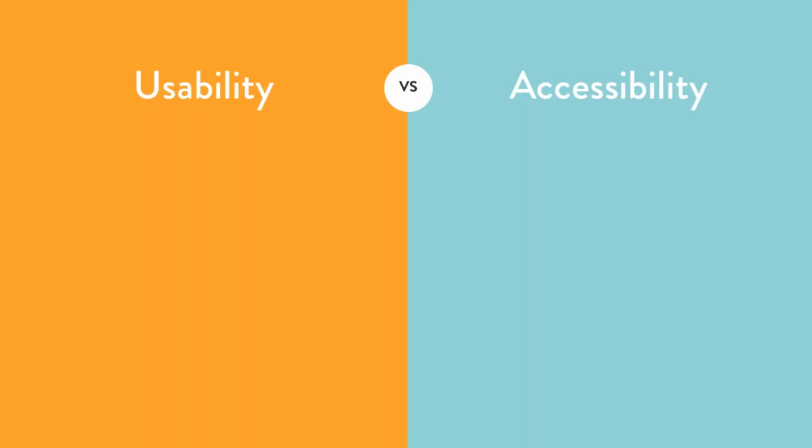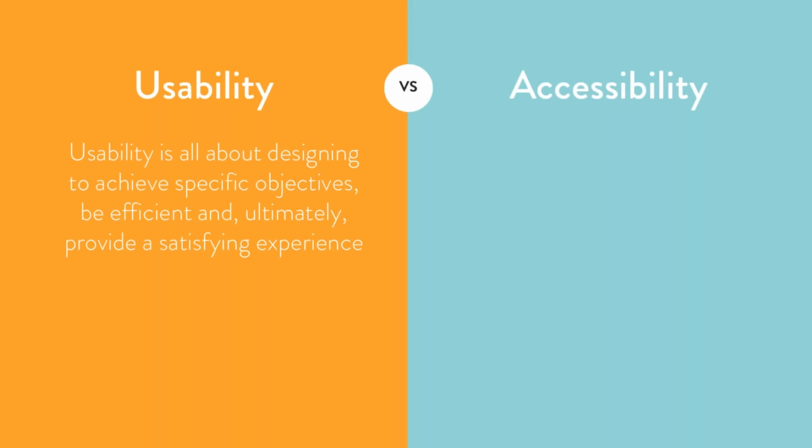So first up, usability versus accessibility. When we're thinking about websites, usability is the biggest thing that we necessarily need to make sure is correct. Usability is all about designing to achieve specific objectives, be efficient, and ultimately provide a satisfying experience. Basics of UX design. However, on the other side of that, there's accessibility.